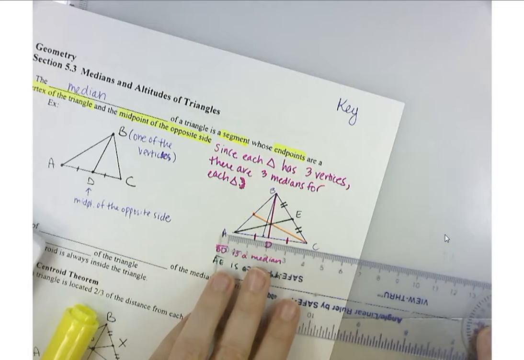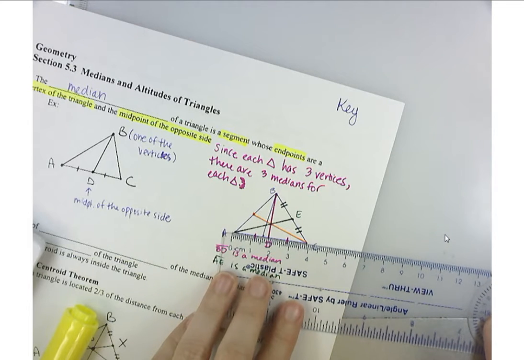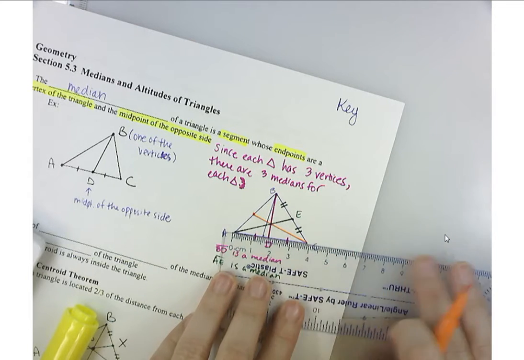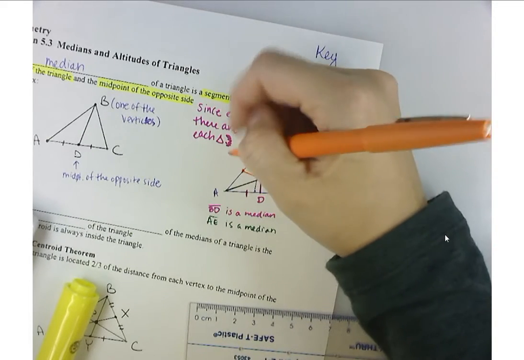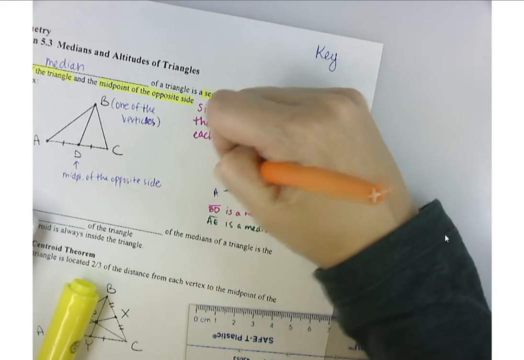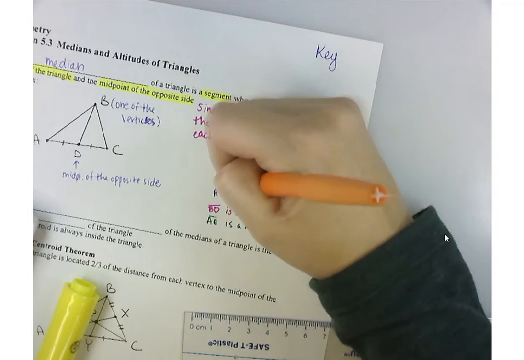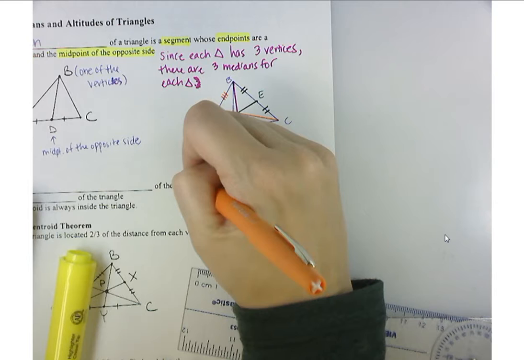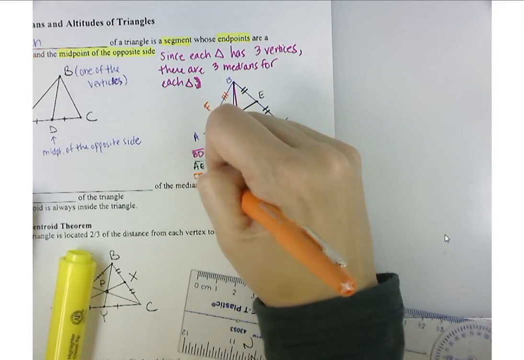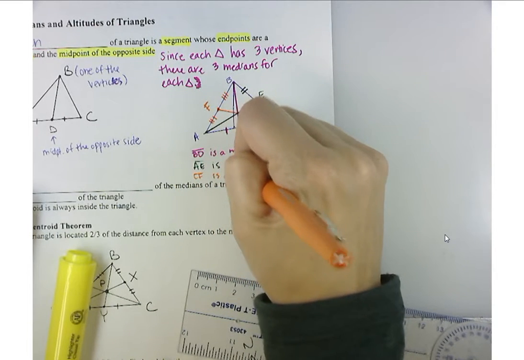Let's measure. This one looks like it's 4, so it looks like I drew an isosceles, because I have 2 congruent sides. And I'll call this F. So I have 3 dashes here, and then my last one is CF. So CF is a median.